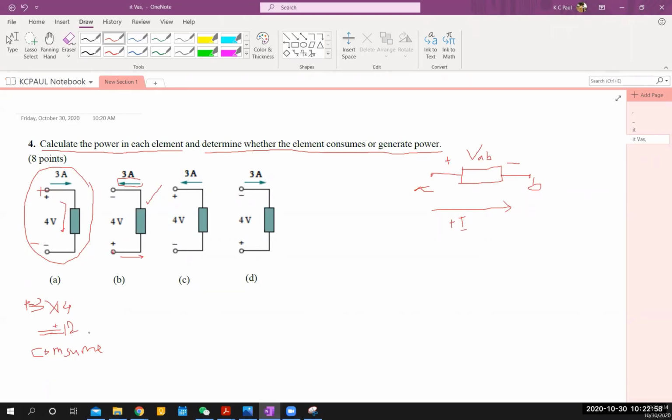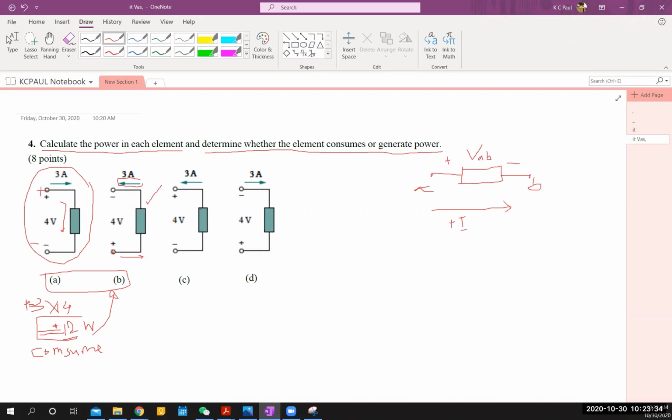So the same answer is applicable. I was expecting you to write 12 watt, plus 12 watt. In other cases, whenever you see generating power, you have to write the sign, positive or negative. So these two have the same answer.